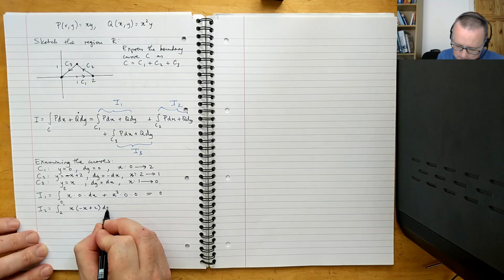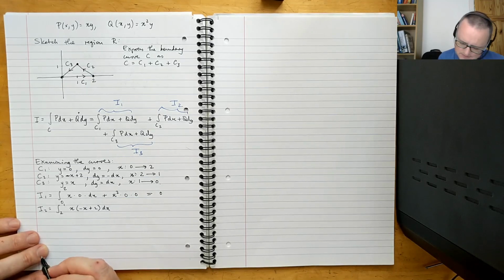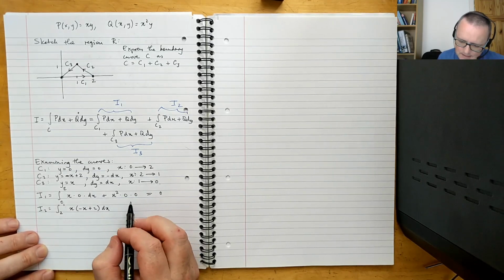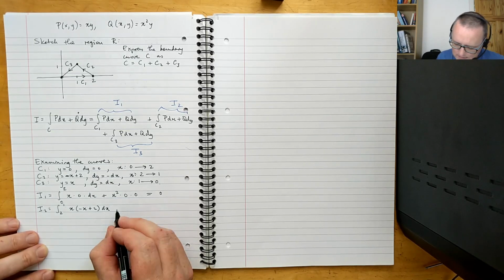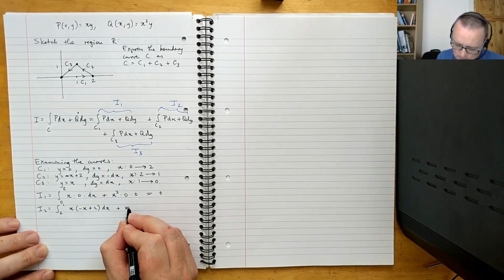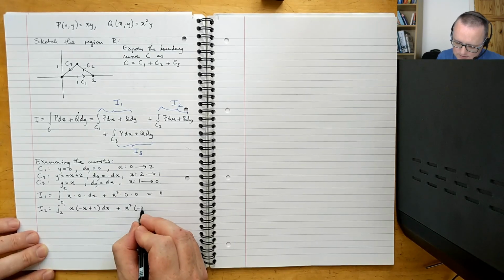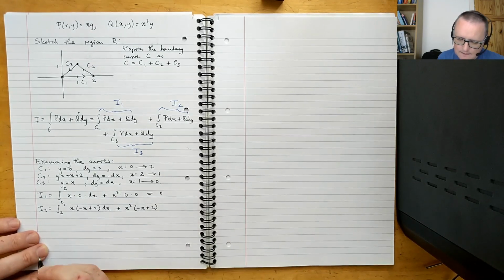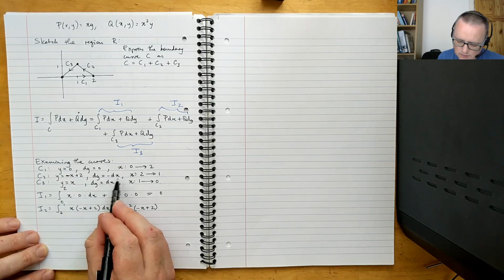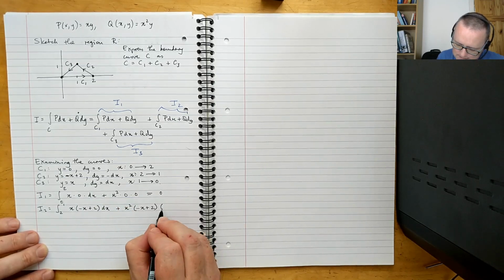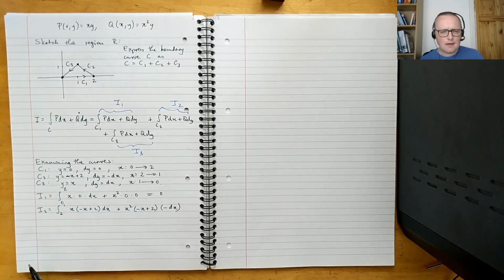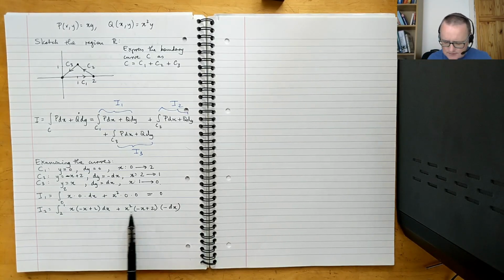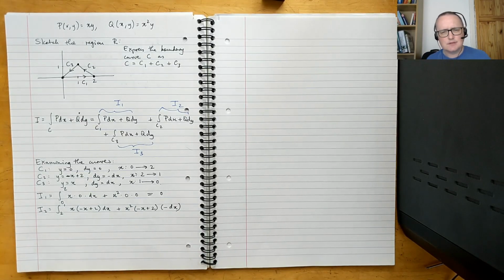And this is with respect to the differential dx. And then I have plus q dy. Q is x squared times y, but again y is minus x plus 2 on this curve here. And the differential dy, I replace that by minus dx. Okay, so that's everything successfully converted to be in terms of the x variable.